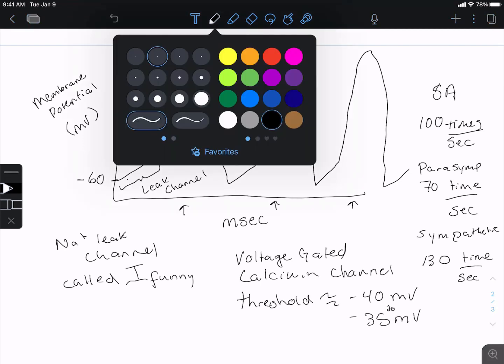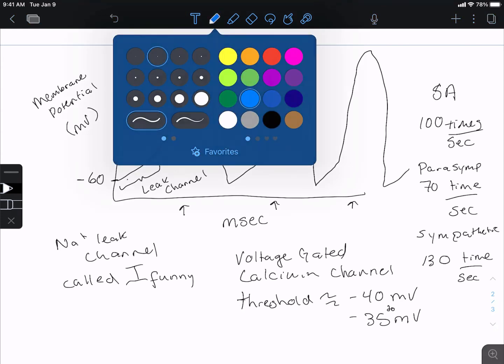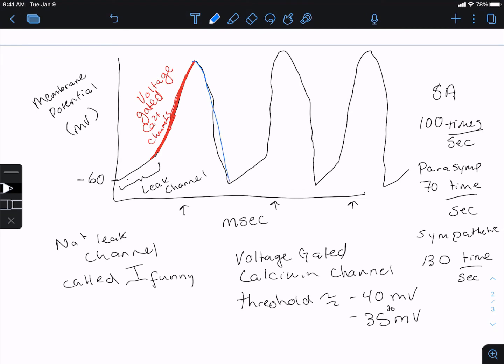And this portion here is actually the only action potential of all the action potentials that I'm going to teach you this semester where the rising phase is due to those voltage-gated calcium channels. The only one. And then this other portion here is due to voltage-gated potassium channels. So we have our voltage-gated potassium channels in here too.